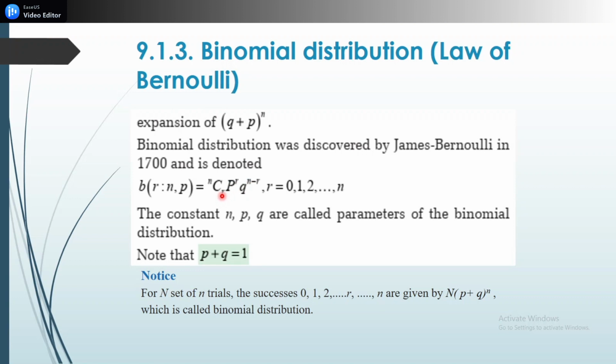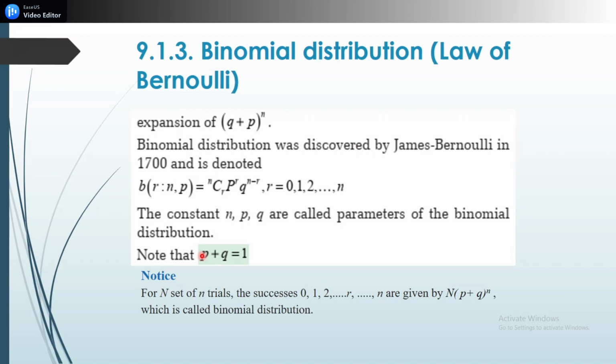This r in the combination must be equal to the same r in the power of success. Then r is from 0 to n. The constants n, p and q are called the parameters of the binomial distribution.